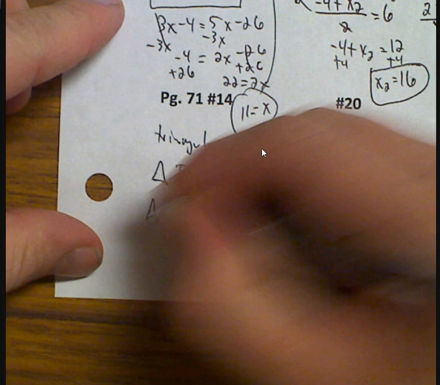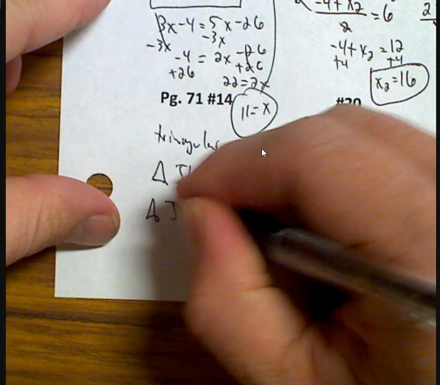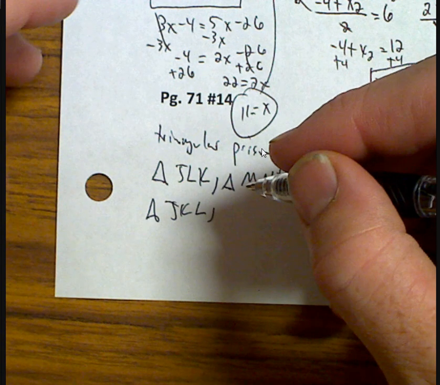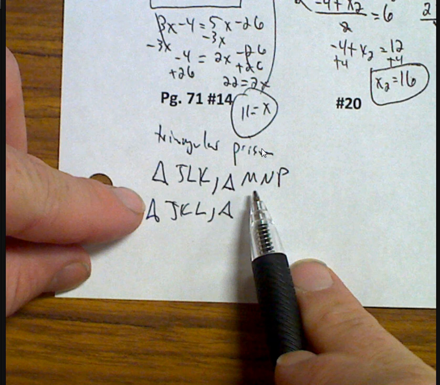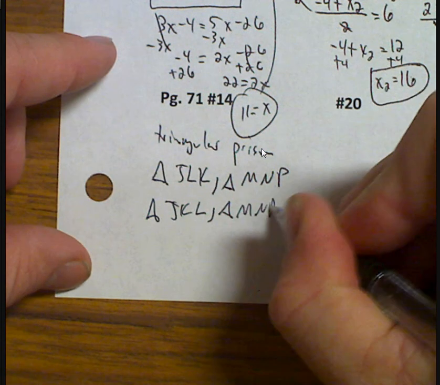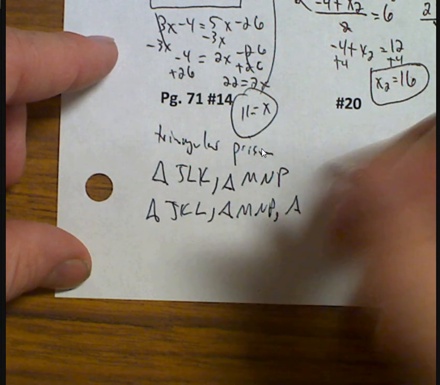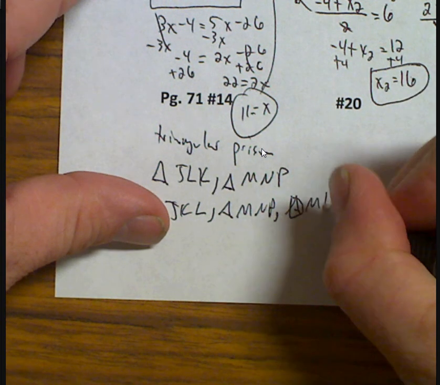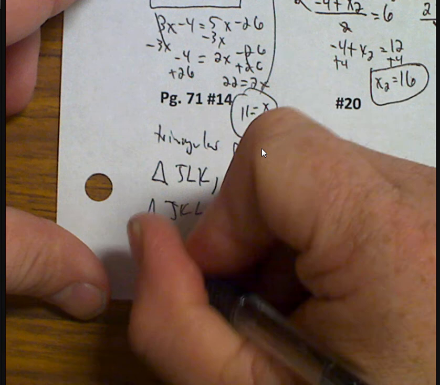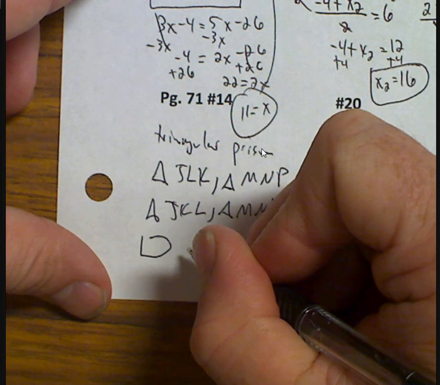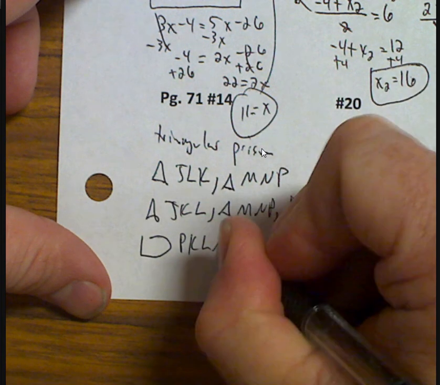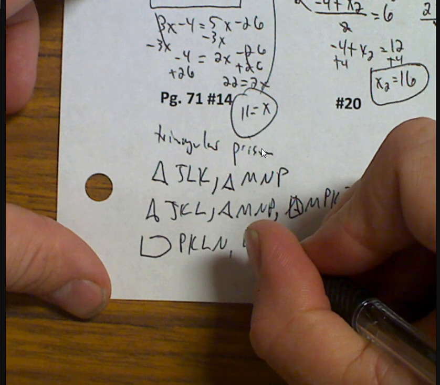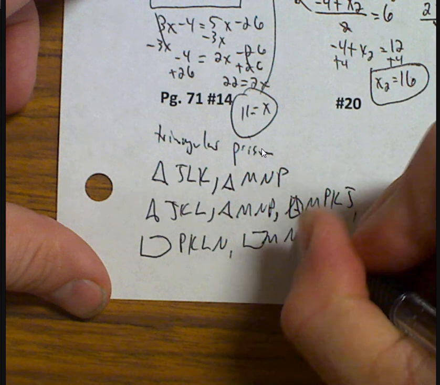So my faces would be triangle JKL and MNP. So faces include the bases. And then we would have rectangle MPKJ, rectangle PKLN, and rectangle MNLJ.